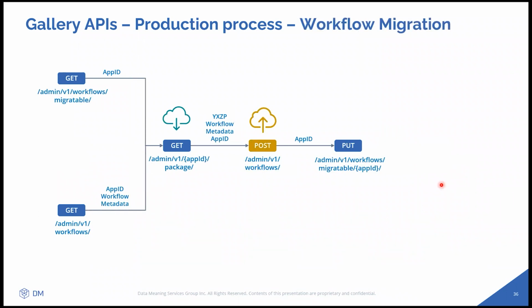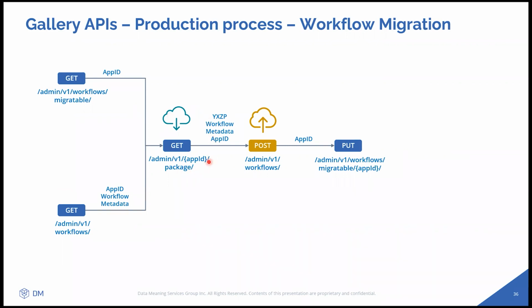If you want to migrate a workflow now, you again need the app ID, and you also need the workflow metadata on this other endpoint. So you need two endpoints to get two sets of information and combine that in another API call that will download the package of that workflow.